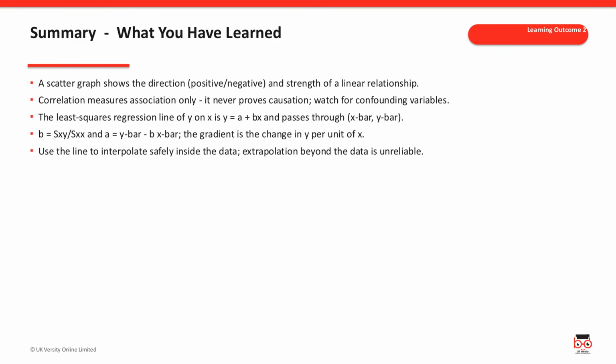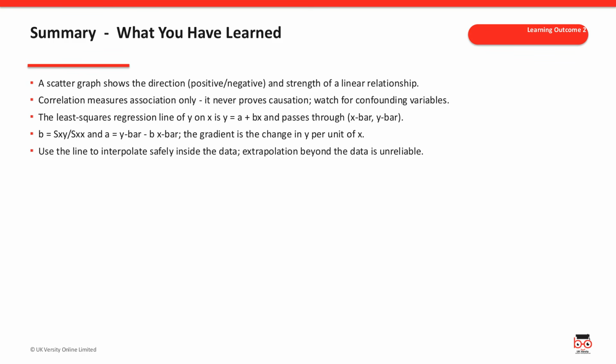So, to gather the outcome up, a scatter graph shows the direction and strength of a linear relationship. Correlation measures association only, never proof of cause, so watch for those confounders. The least squares regression line of y on x is y equals a plus bx, and it always passes through the mean point.